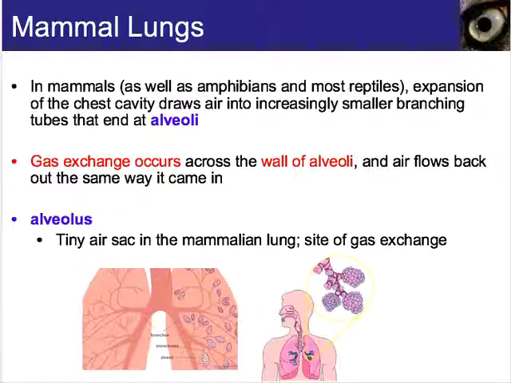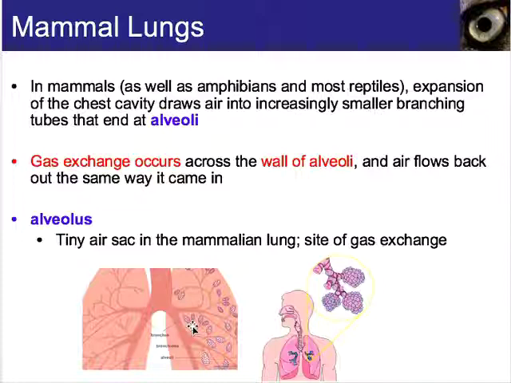In mammals, as well as amphibians and most reptiles, the expansion of the chest cavity draws air into increasingly smaller branches or tubes, at the end of which are alveoli. So you have these branches and tubes within your lungs, which we're going to talk about and what they're all called.